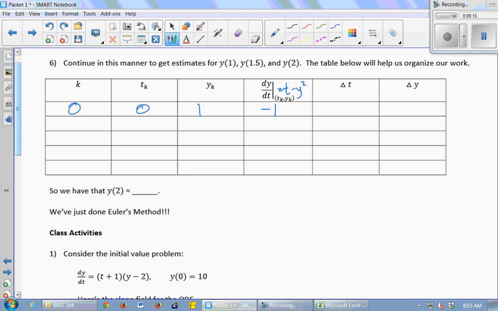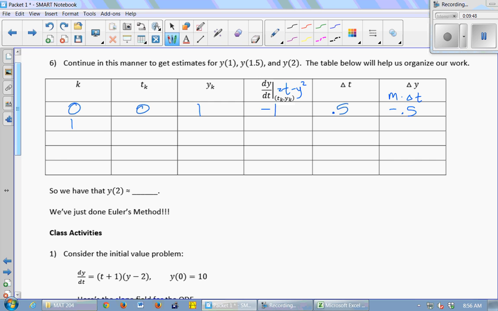We already calculated that. You just plug that into the differential equation, t minus y squared. Delta t, we're going to use a step size of a half for each of these. And then we calculate delta y, right? And delta y, we said, is just slope times delta t. So in this case, the slope times the delta t is -0.5. Okay. Then we use this information to calculate the next point on the curve.